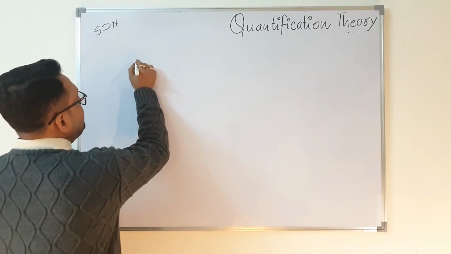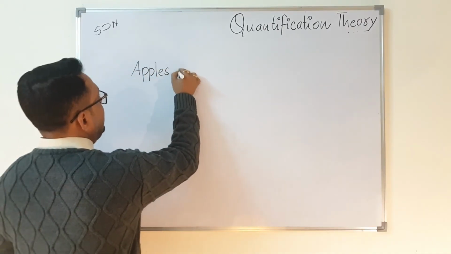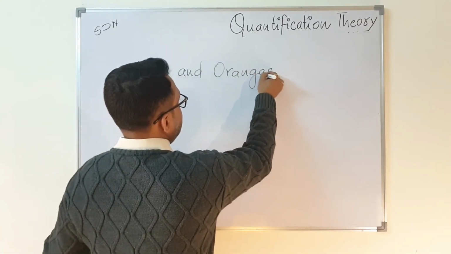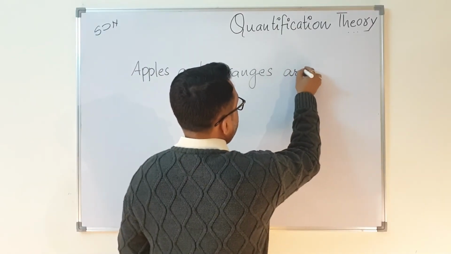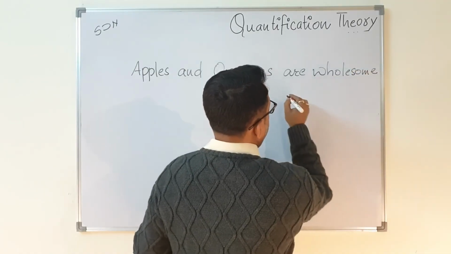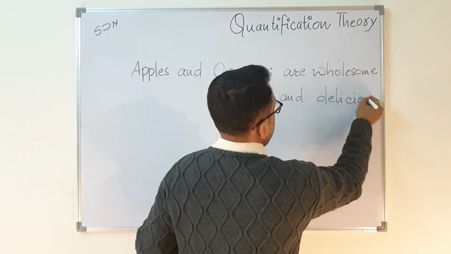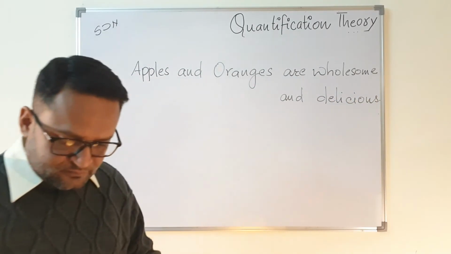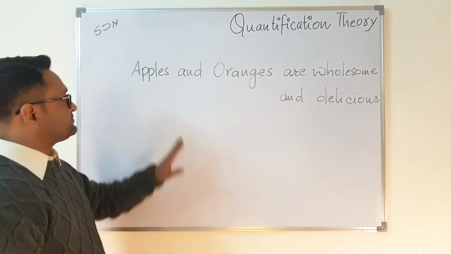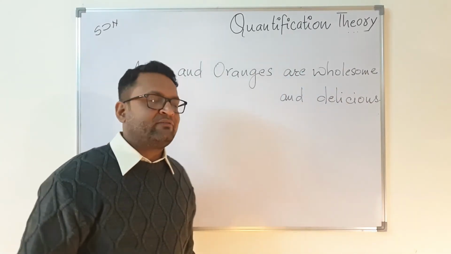When I say "apples and oranges are wholesome and delicious." Okay. Now if we have this proposition, how to symbolize it? As you can see, there are apples and there are oranges and they are wholesome and they are delicious. This is the thing which we have to symbolize.